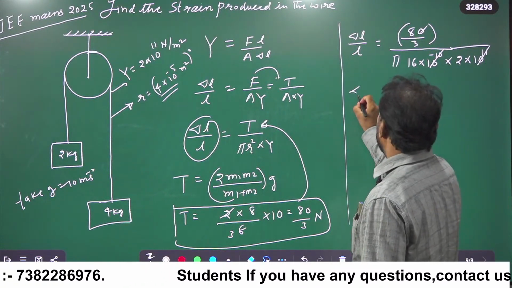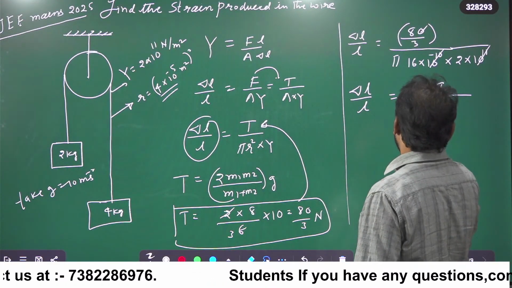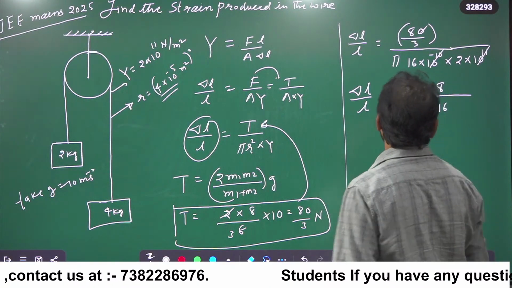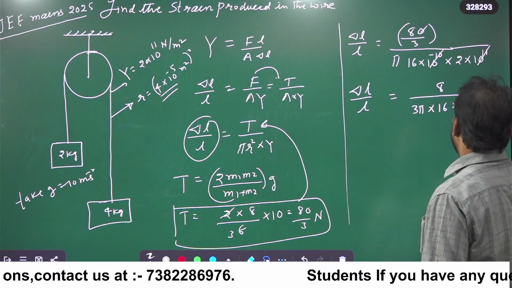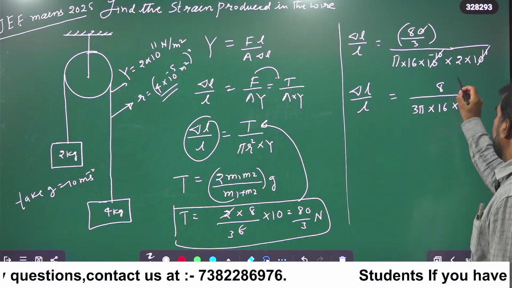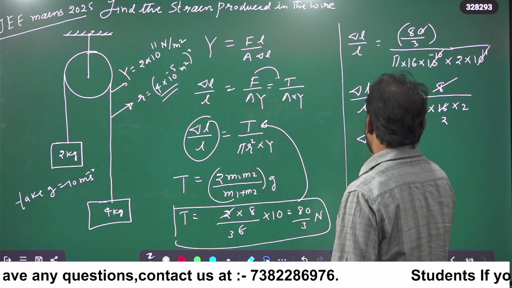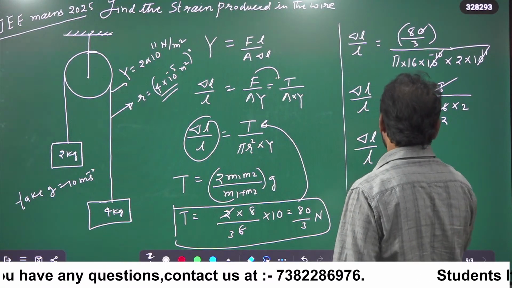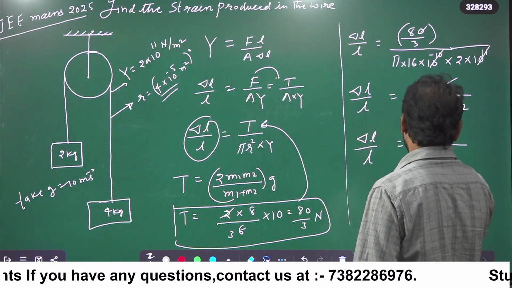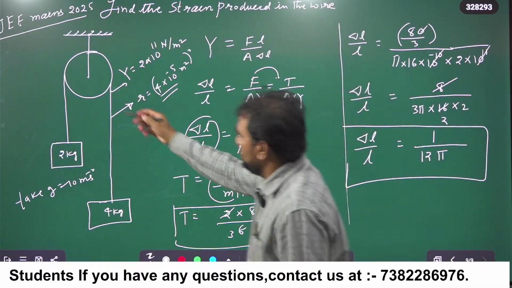The remaining term would be delta L upon L is equal to 8 upon 3 pi into 16 into 2. 8 ones are 8, 2 is 16. That is delta L upon L is equal to 1 upon 12 pi. This much strain will be produced in this wire.